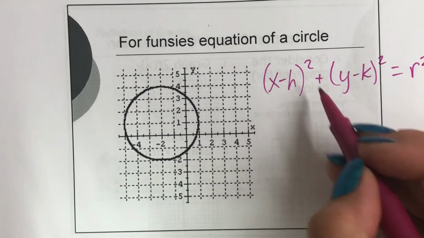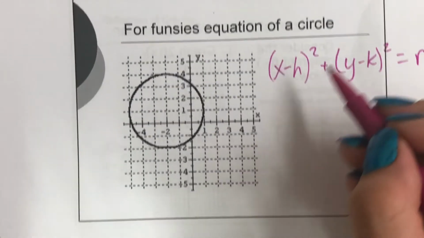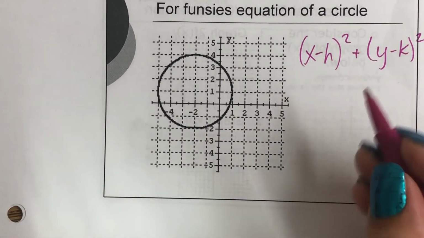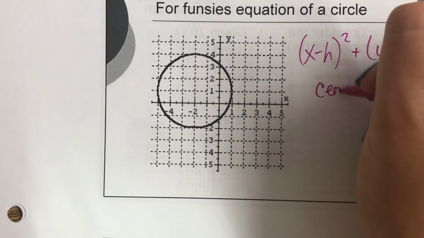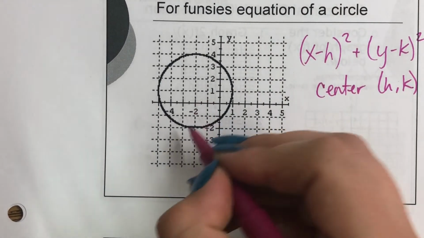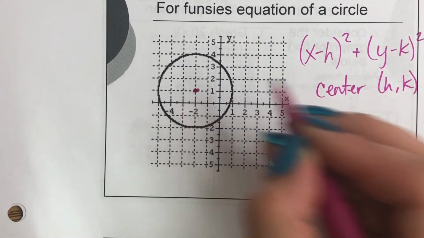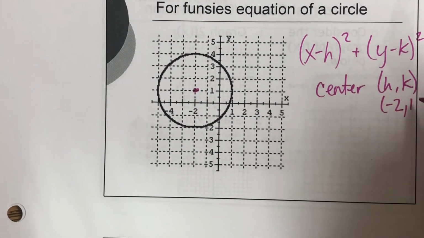So like if h is 3, I am going left 3. So this minus just indicates it goes opposite from what you would think. And h, the center here, would be at h comma k. So here's the center. All right, so here my center is at -2, 1.